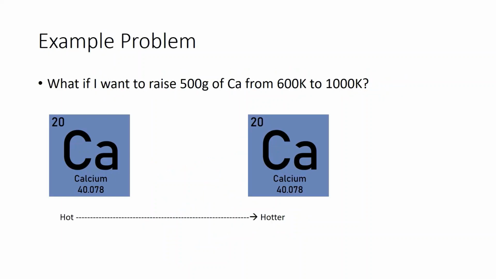We're going to work this problem using the tables, and so I want to raise 500 grams of calcium from 600 K to 1000 K. So I have some calcium. I'm already hot, above room temperature, and I want to get hotter. We'll work through how to do that using Kirchhoff's law and the sensible heat tables.